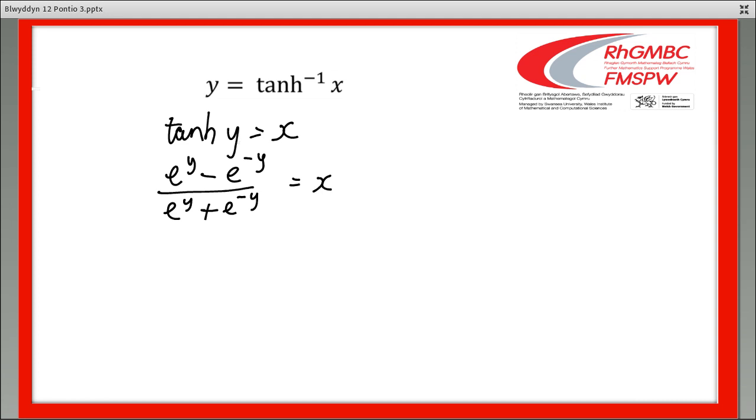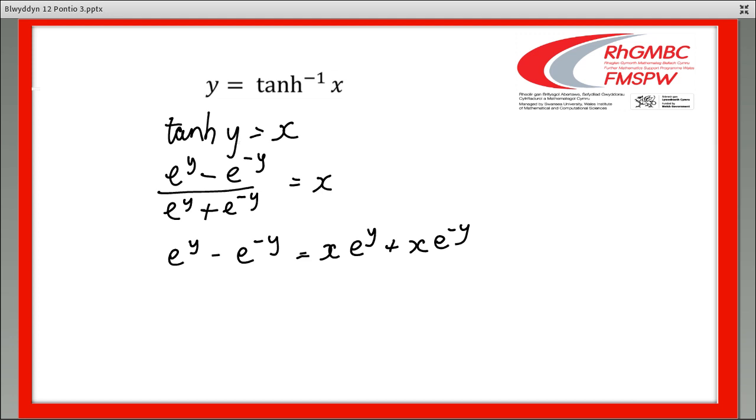The fraction, let's get rid of the fraction. So that gives me e to the y minus e to the minus y equals x e to the y plus x e to the minus y.